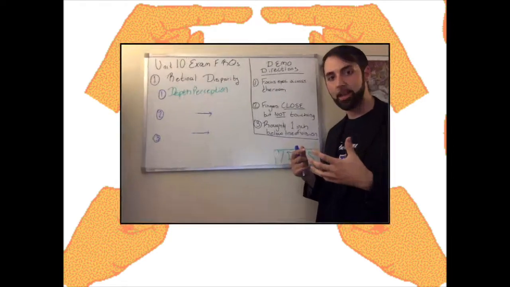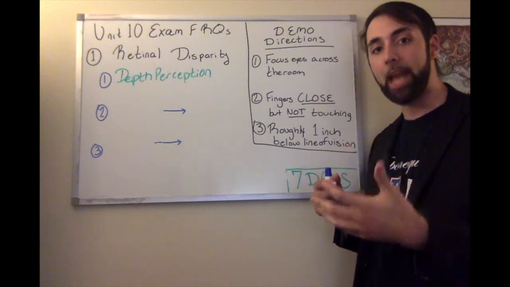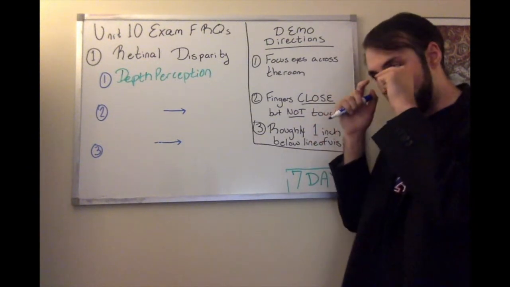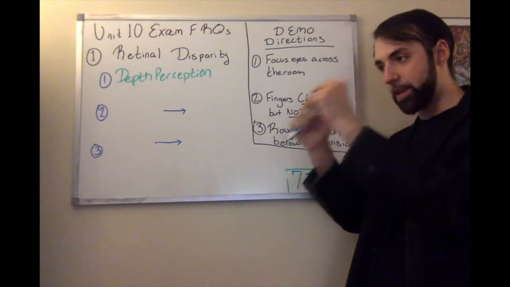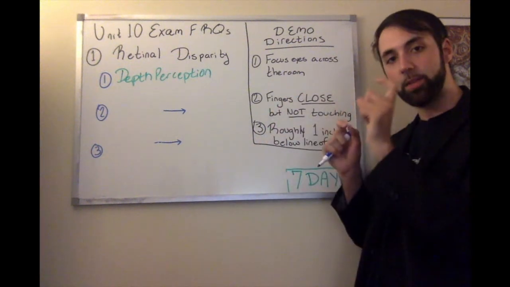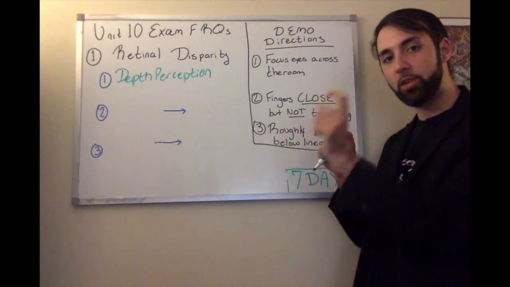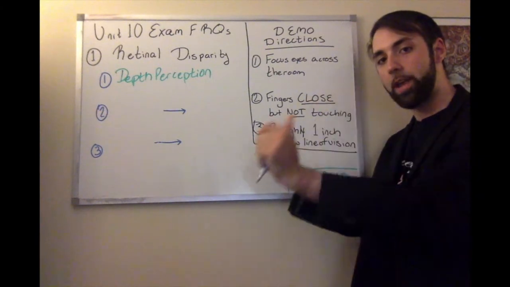As a result, your brain has to process the very slight difference as to what each eye is seeing, and as a result of that, determine depth. If you were to go back and do this demo and move your fingers like I am doing, you would notice the size of the finger sausage would increase or decrease depending on how far away your arms are.